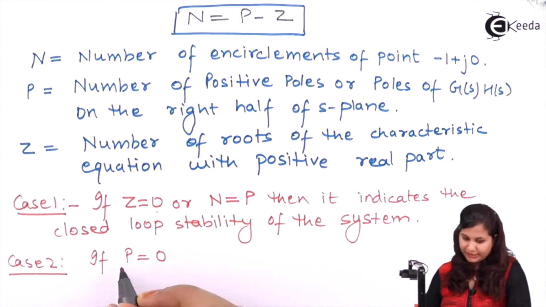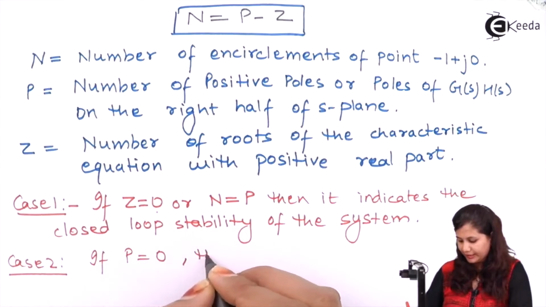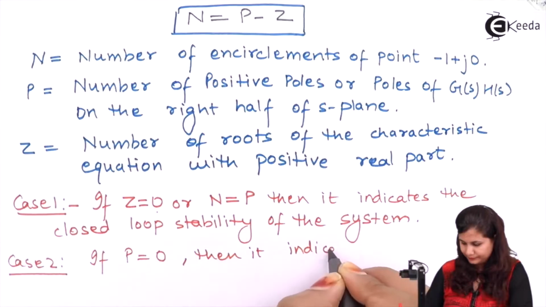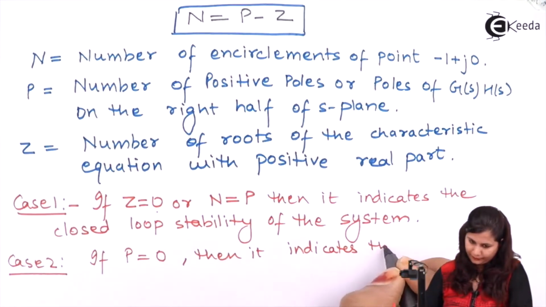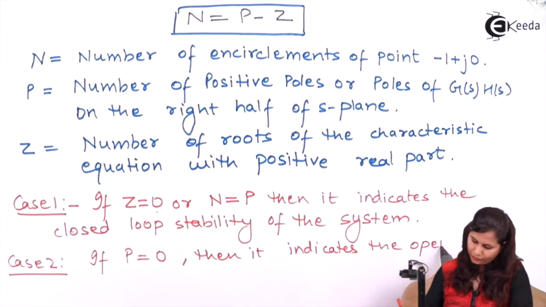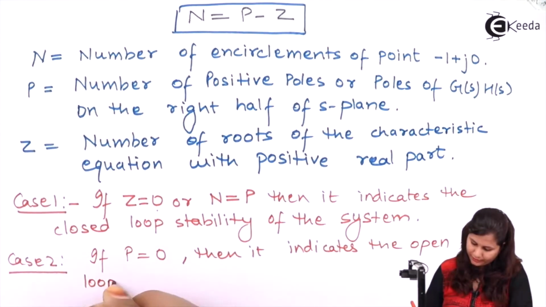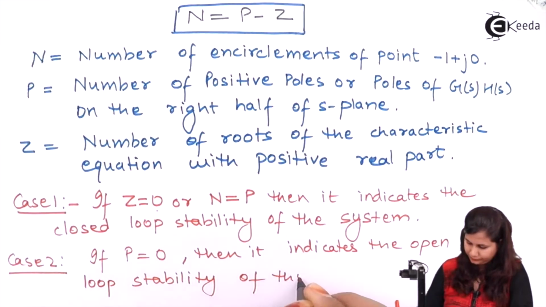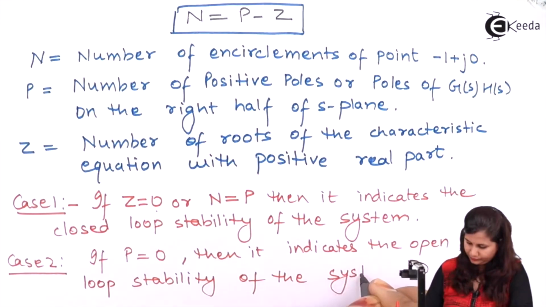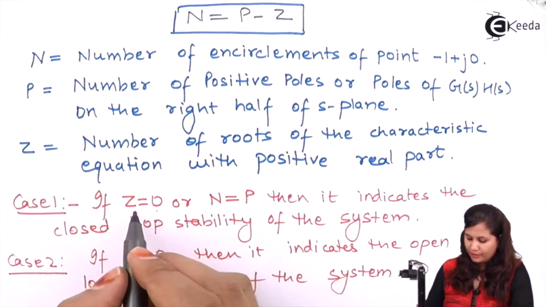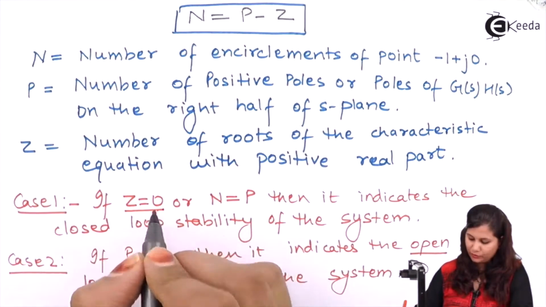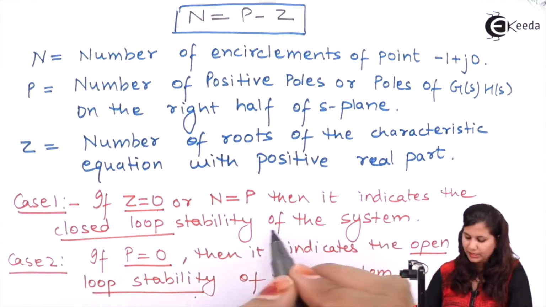So if P equals 0, then it indicates the open loop stability of the system. So if P equals 0, then open loop is stable, and if Z equals 0, then the closed loop system is stable.